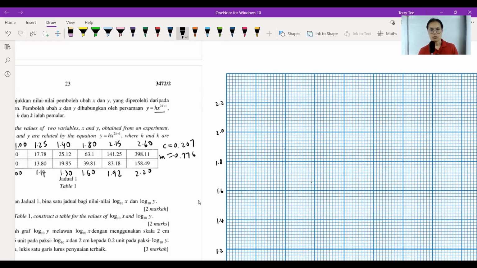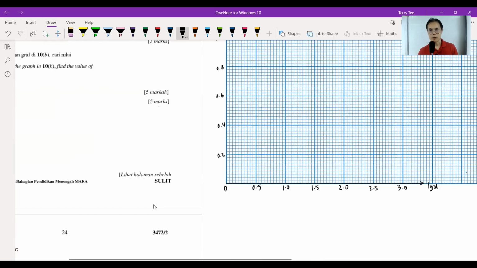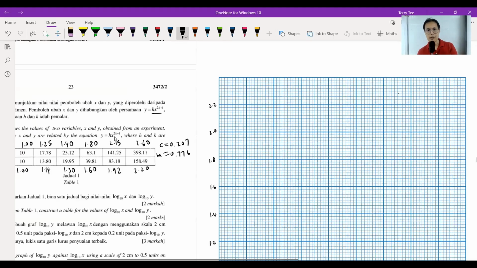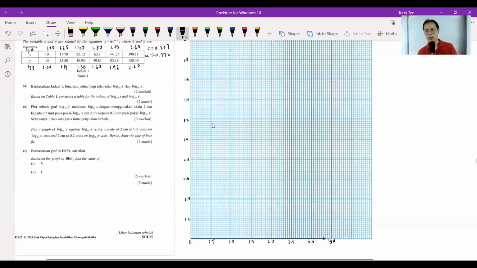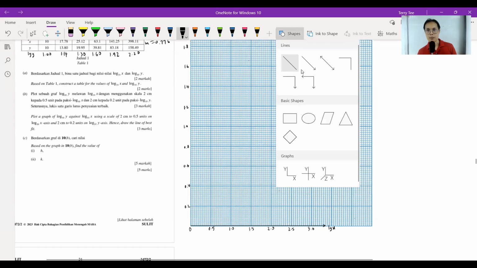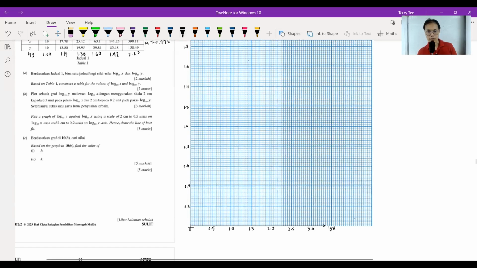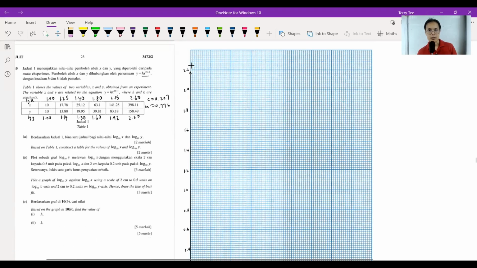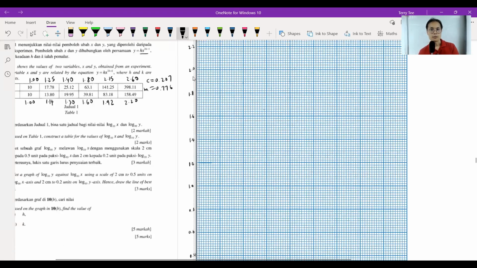Oh, we have more than enough space. I purposely used a larger graph paper. I'm using a 9 by 12. SPM is 8 by 11, so it's enough actually. No need to use 9 by 12. Okay, you can stop here.